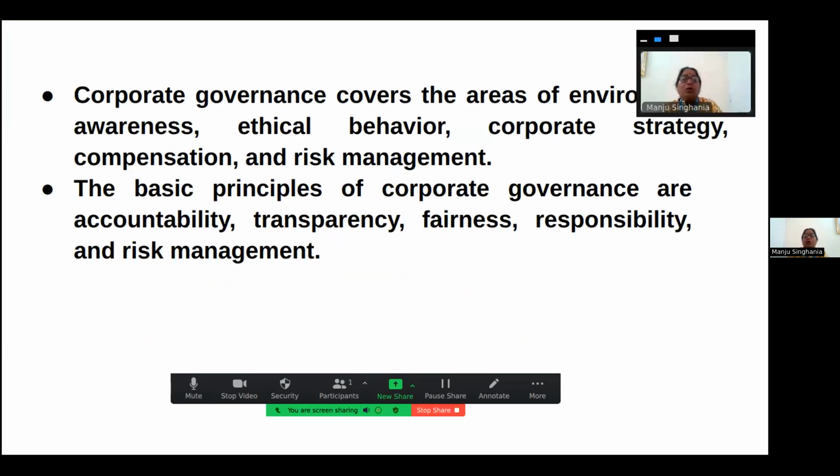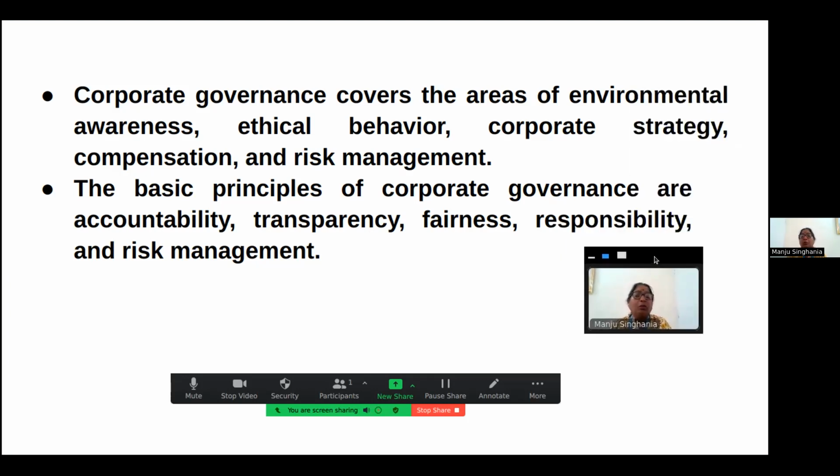Corporate governance not only looks at the profit of the organization, but is also thinking about the environment, because the physical environment should be good, and creating awareness. The business needs to be done in an ethical way, and even the community benefit should be there.